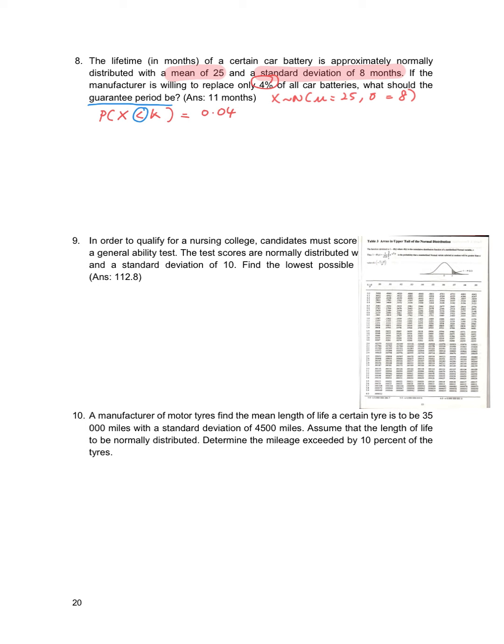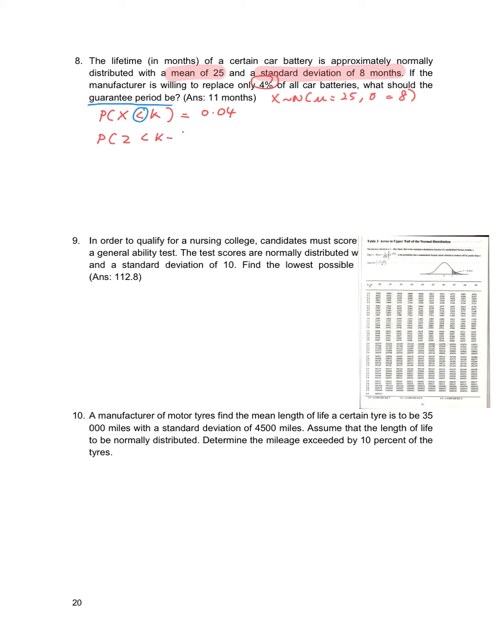So kita akan apply macam biasa, macam tadilah untuk cari the probability, the K value. Okay, so kita akan convert X menjadi Z. So kita akan tulis X, we convert into the standard normal, it becomes Z less than K minus mu over sigma.